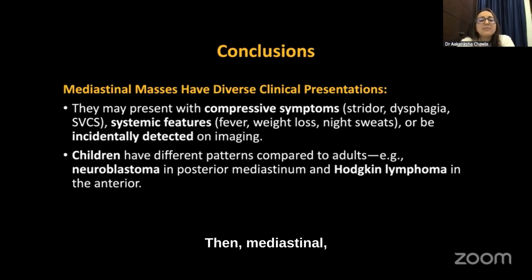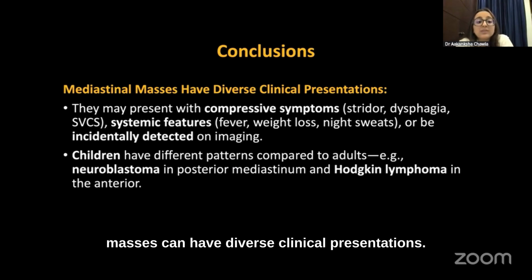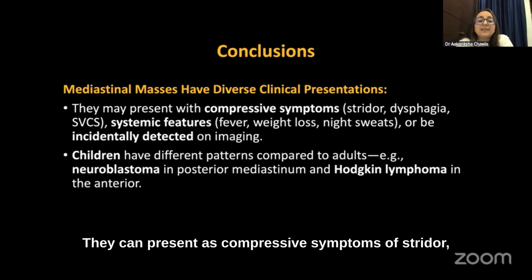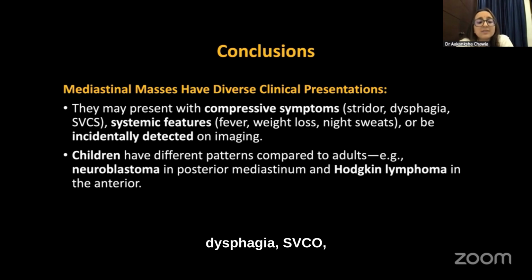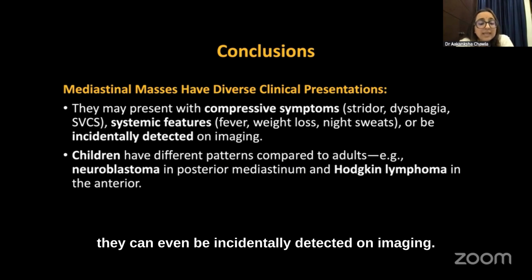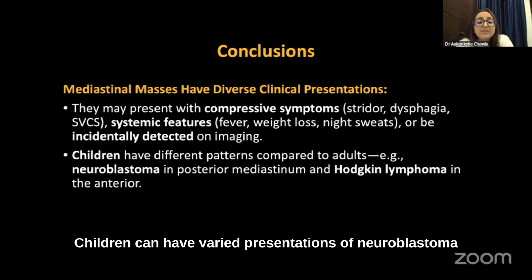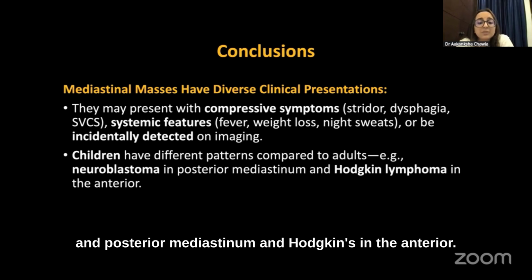Then mediastinal masses can have diverse clinical presentations. They can present as compressive symptoms of stridor, dysphagia, SVCO, systemic features of fever, weight loss, night sweats, and they can even be incidentally detected on imaging. Children can have varied presentations of neuroblastoma in posterior mediastinum and Hodgkin's in the anterior.